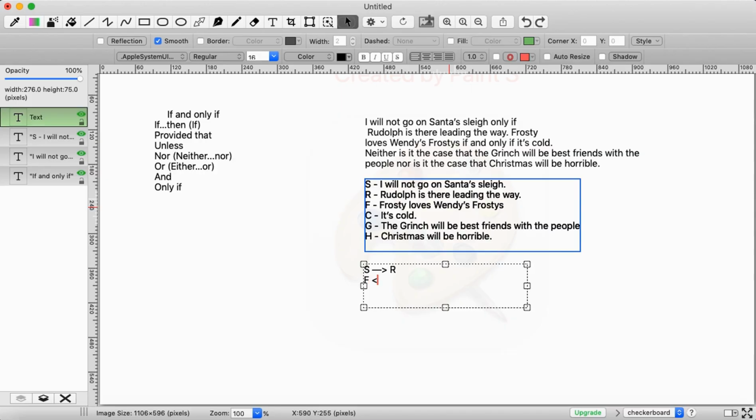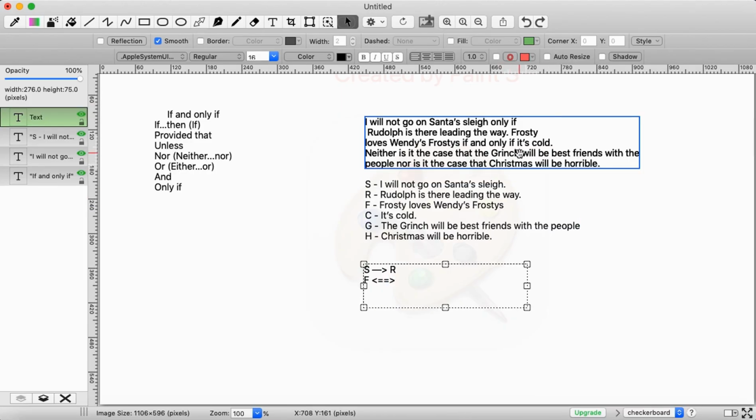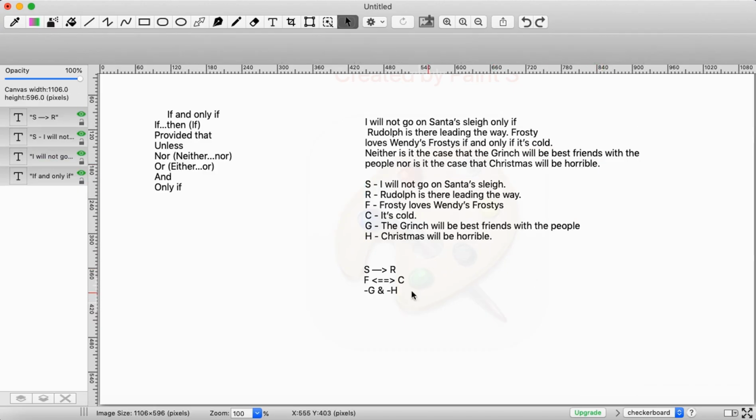So that means this here, F if and only if C. Neither is the case that the Grinch will be friends with the people, nor is it the case that Christmas will be horrible. So this is negative G and negative H.